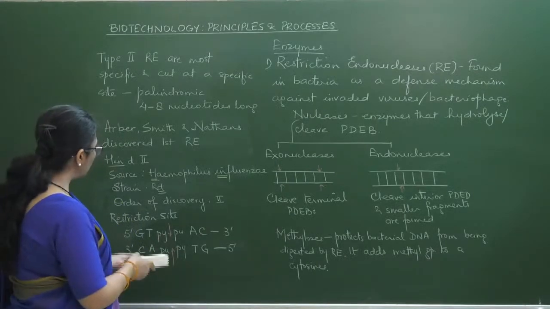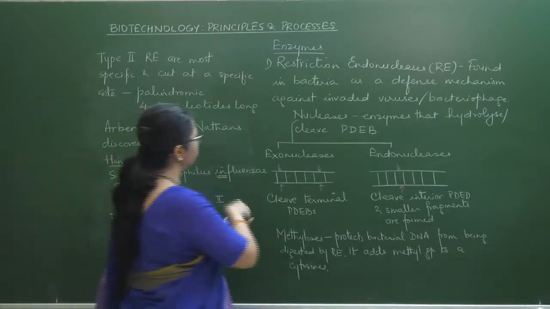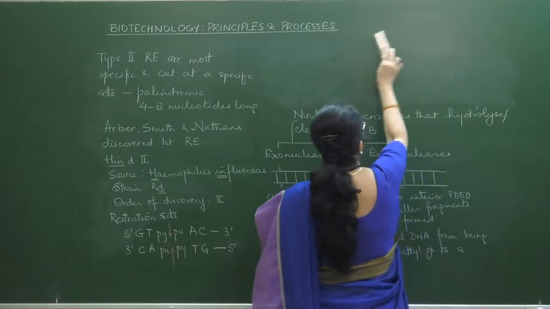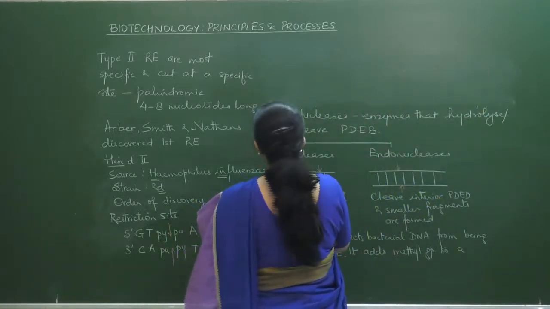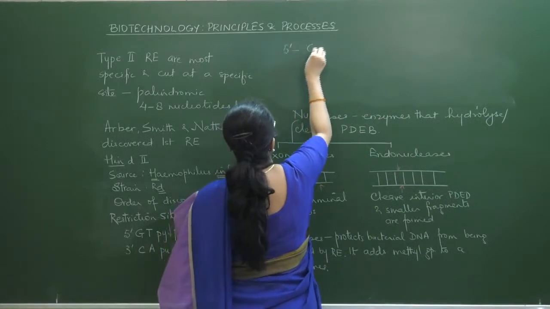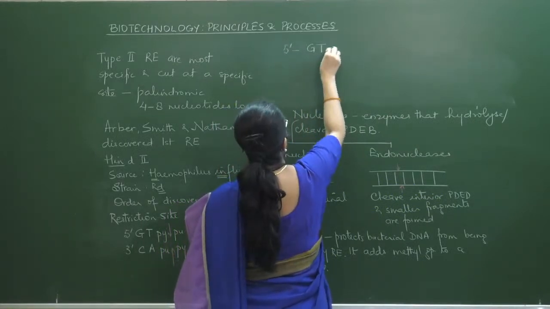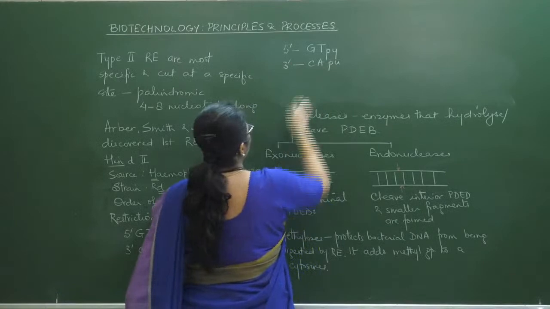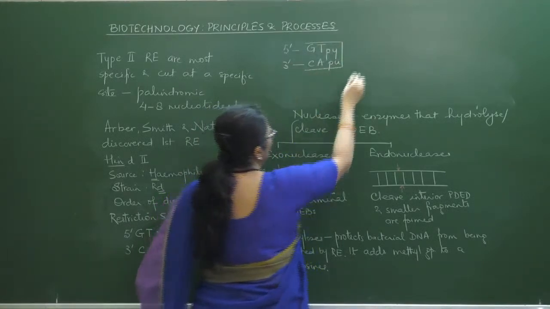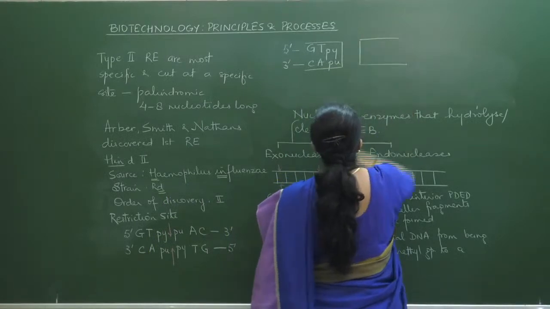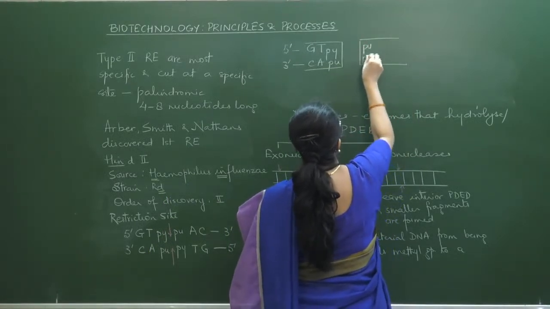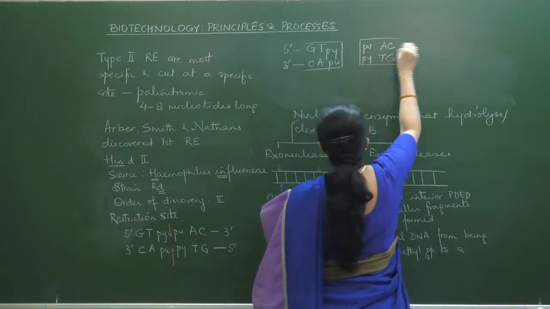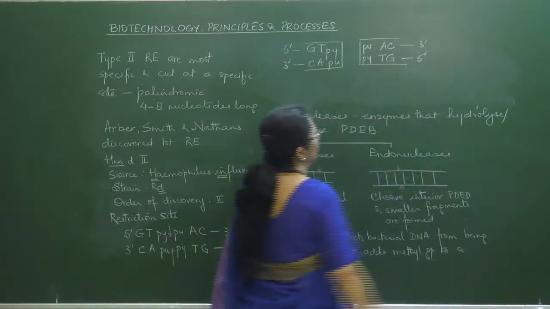Here it cuts, so that the two ends which are going to be created are GT Py and CA Pu, and the same way the other one would be Pu, Py, and ACTG, like this.